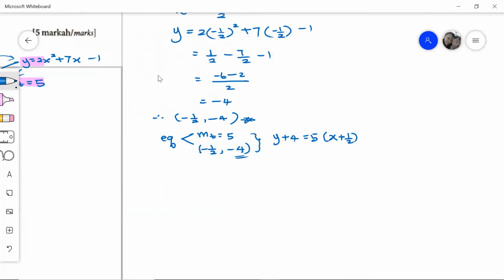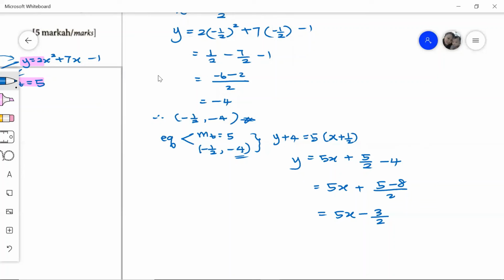So we have 5x plus 5 over 2 minus 4, that is y. So we have 5x plus 5 over 2 minus 8 over 2. So therefore we have 5x minus 3 over 2.